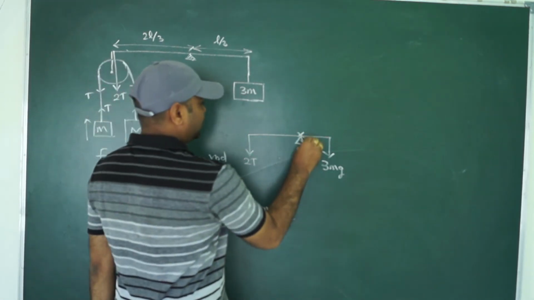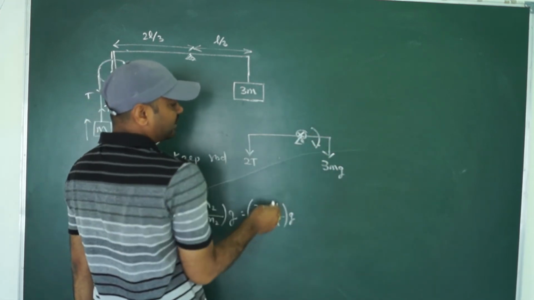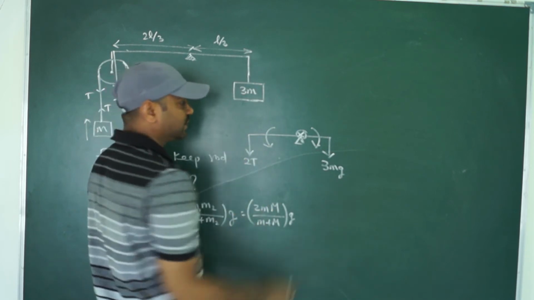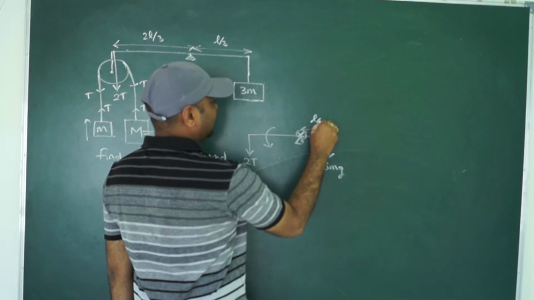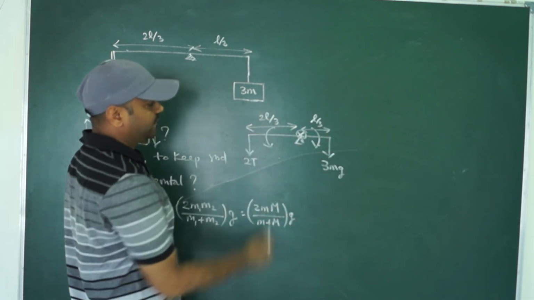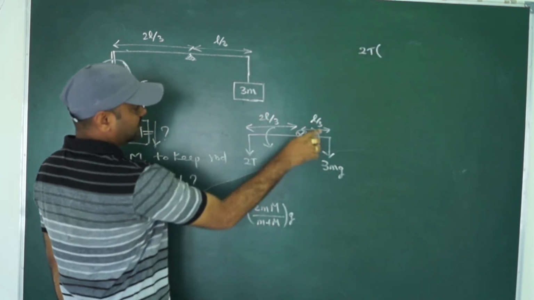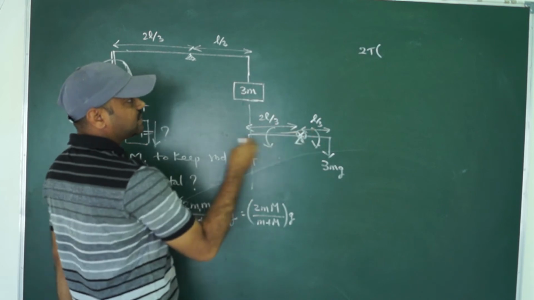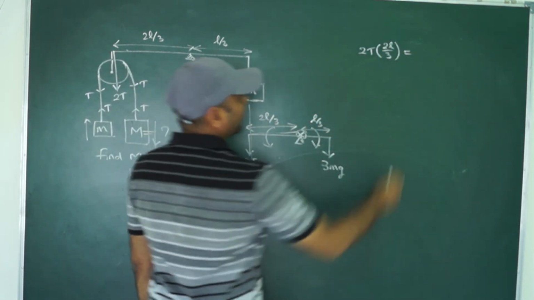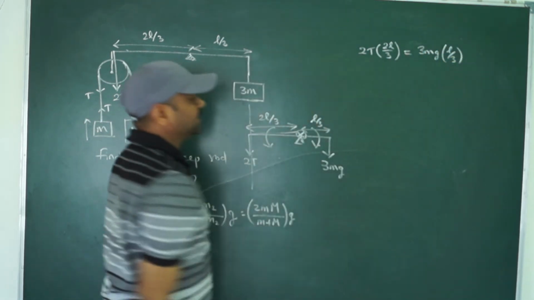Now about this point, the axis of rotation, 3mg will create a clockwise torque, and 2T will create an anti-clockwise torque. So both have to cancel out. This length is L by 3 and this length is 2L by 3. The torque equation: 2T into the perpendicular distance 2L by 3 is equal to 3mg into the perpendicular distance L by 3.